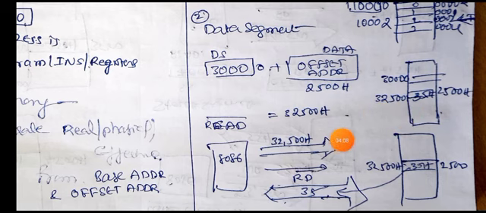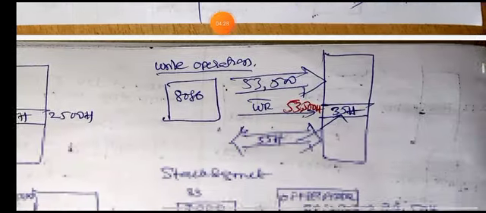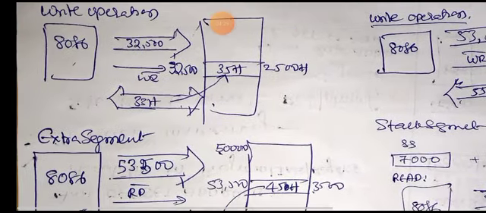Okay. So to read that data, it has to send the 32,500H address and a read signal, right? From this 32,500H address, the data 35H is transferred to the microprocessor. This is a read operation from the data segment. Now, what is the write operation?